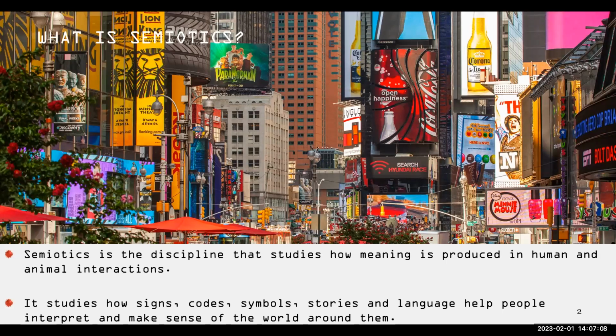It happens over time, across the years, as culture changes. That's how it builds meaning. Basically, it studies how signs, codes, symbols, stories, and language help people interpret and make sense of the world around them.